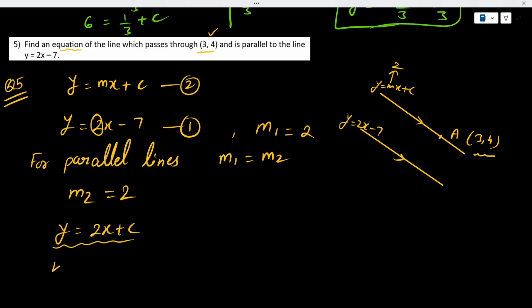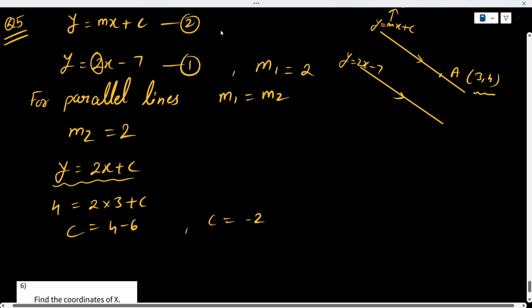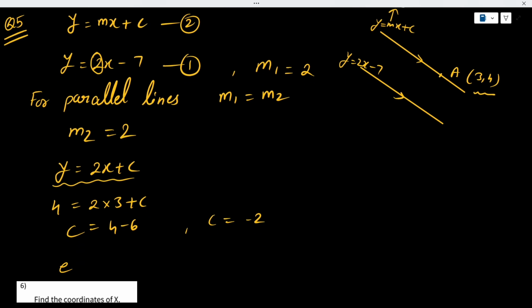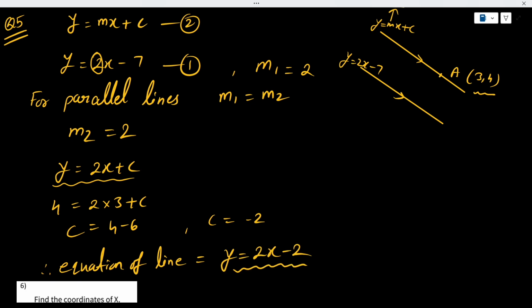So I can substitute here 4 equals 2 times 3 plus c, and c will be 4 minus 6. So the c value is minus 2. So what is going to be the equation of line 2 which is parallel to the given line? y equals 2x minus 2. This is going to be your equation of the line.